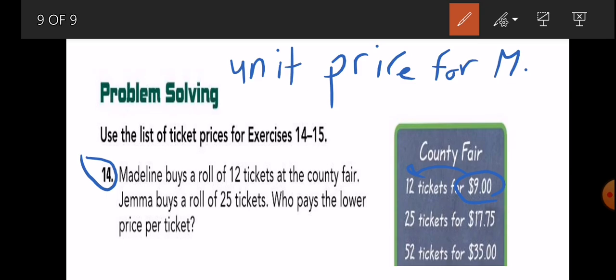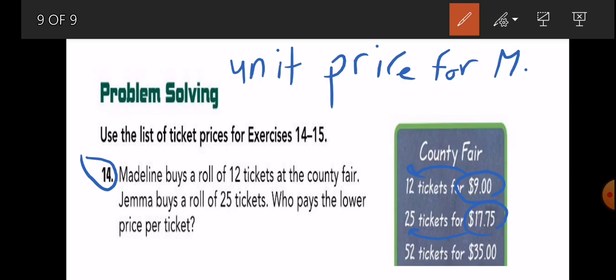But for Gemma, she got 25 tickets. It means that you have 17.75 and you have to divide it by the number of tickets. So you will divide it by 25, you will get the unit price. Then you will compare the two unit prices.